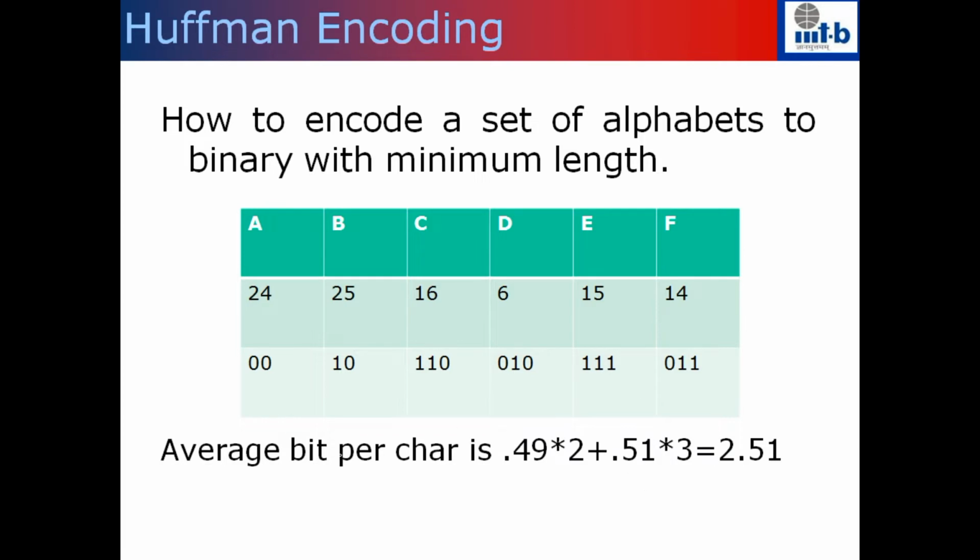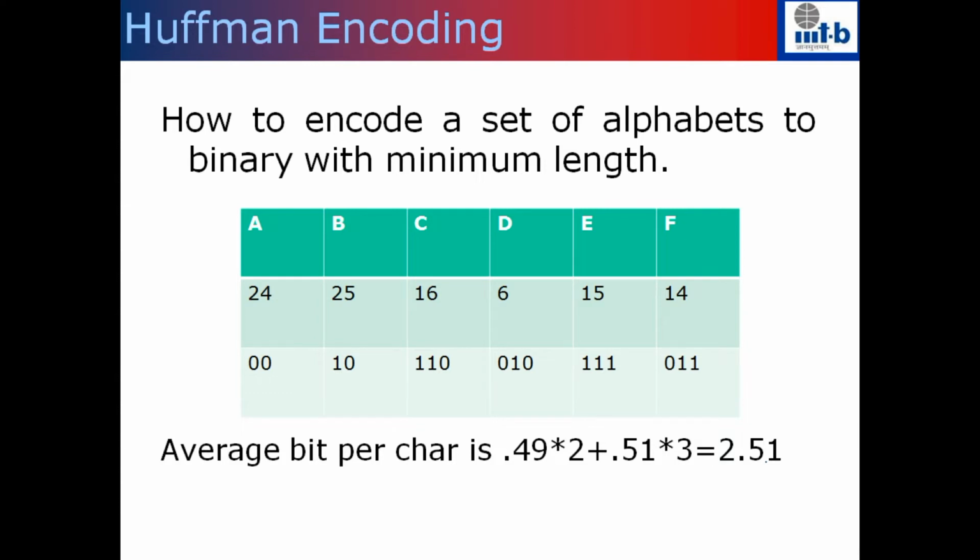So the average bits per character in this case will be 0.49 times 2 plus 0.51 times 3, because A and B together have total probability 49% and code length 2, and the remaining C, D, F and E appear with probability 0.51 and code length 3. So the average turns out to be 2.51, which is much better than 3.